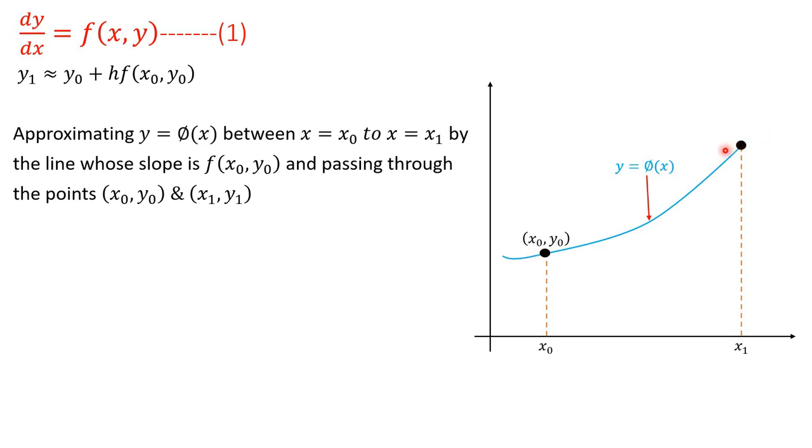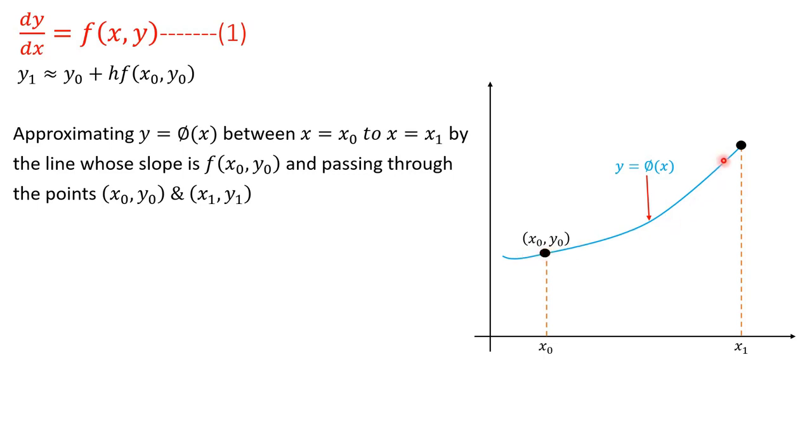Now see here, in Euler's method we are approximating this curve by a straight line whose slope is f of x naught comma y naught, and which passes through this point x naught comma y naught.